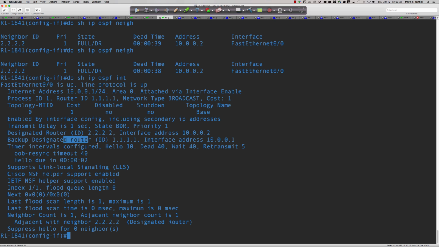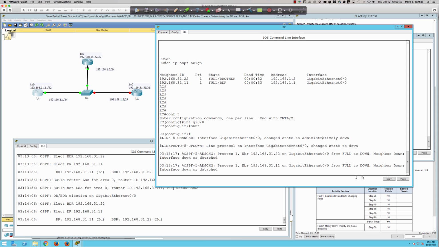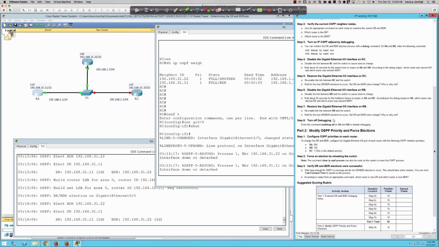Who got elected as the backup designated router? Yep, me, because again, router 2 and router 1 are the only guys here, right? So back to our activity here. When we take a look at what's going on, it wants me to re-enable the link between router C and the switch.